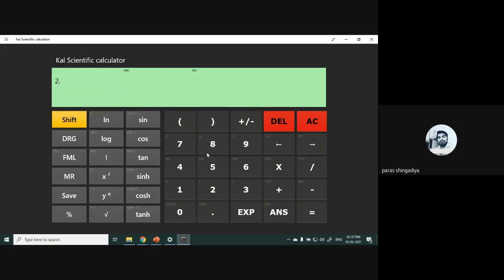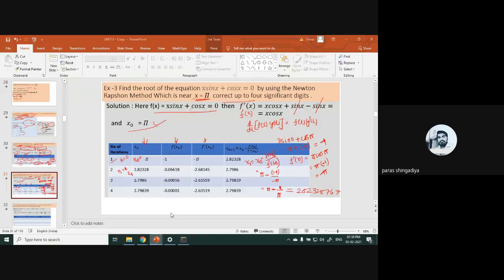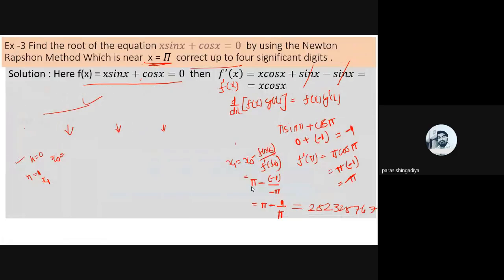So 2.82328 into cos 2.82328, bracket over, and it will be minus 2.681452. So let us replace both values in this table, and we'll get the answer of the second iteration.